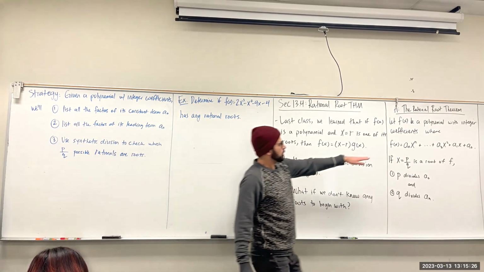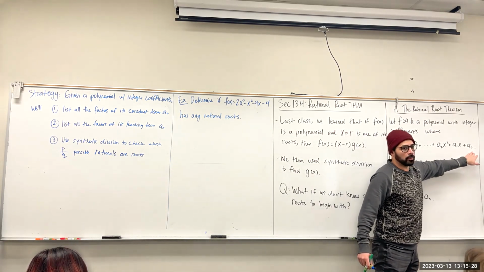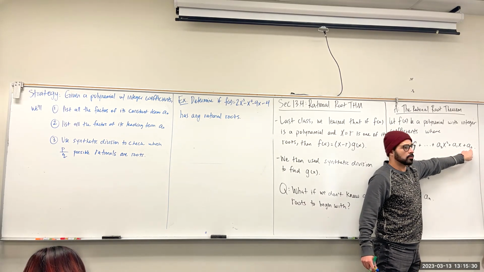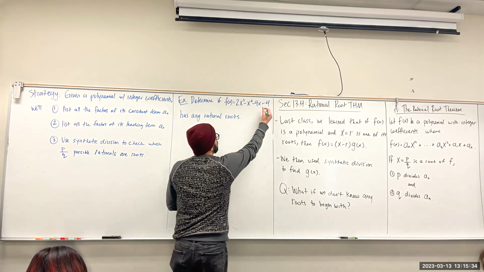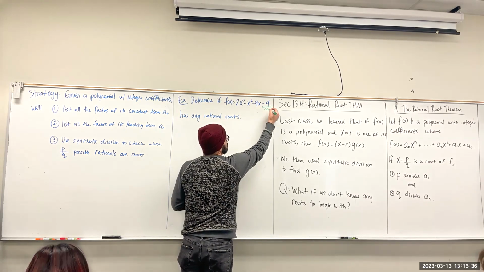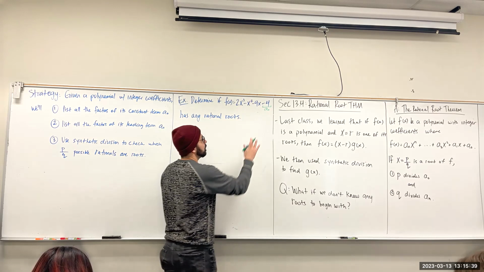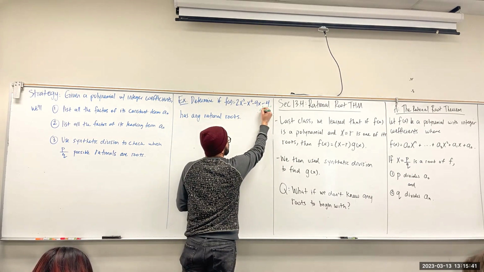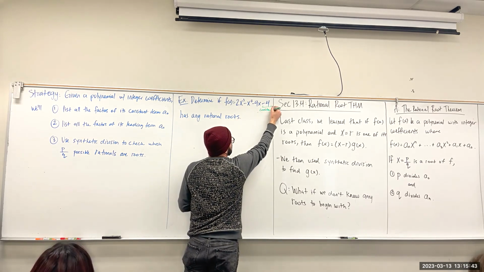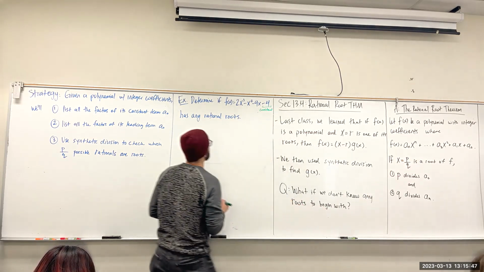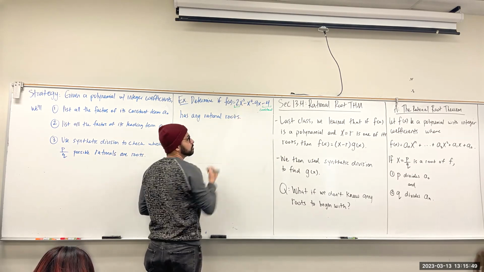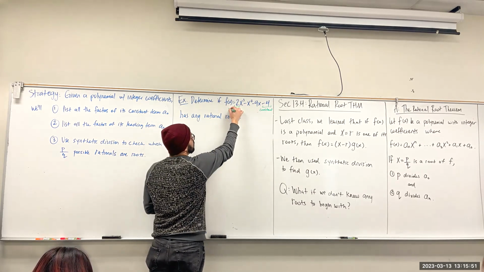So when I think about it in this way, what's my a naught? What's my constant term? This guy here is your a naught. Let's just call it the constant term. Which one's your leading term? Just the 2. Okay. So this one's your leading term.